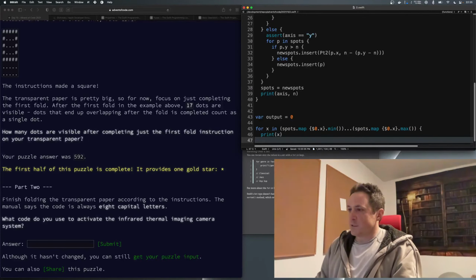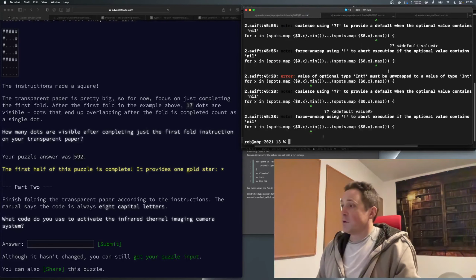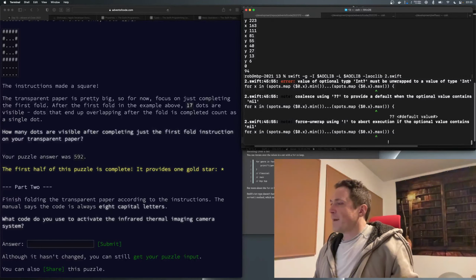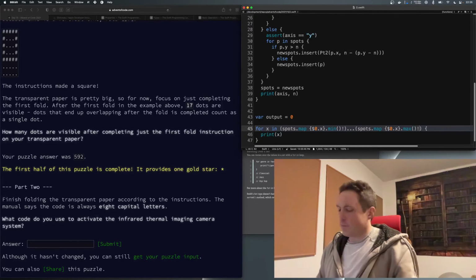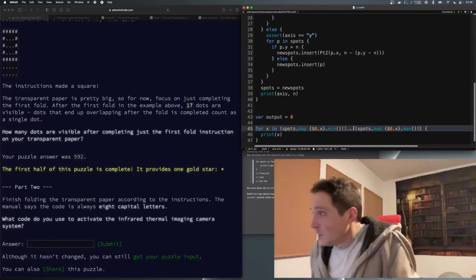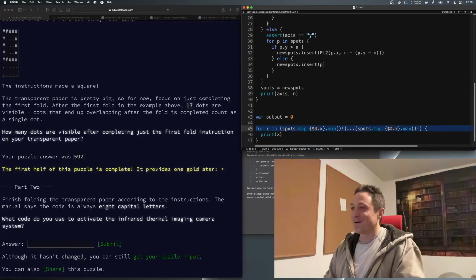Well, let's just see if this logic works before we write a while loop. Oh, our min and max return optionals because you can call them on empty sequences. Okay, we are very slowly creeping up on this.